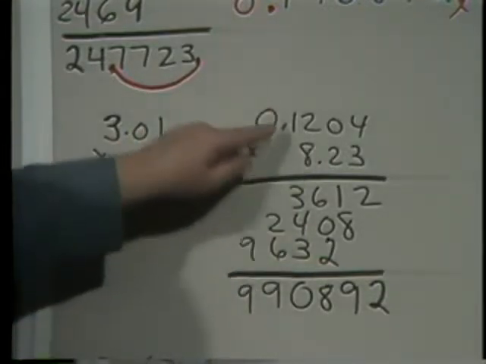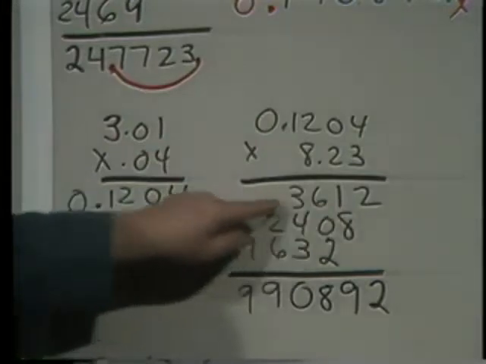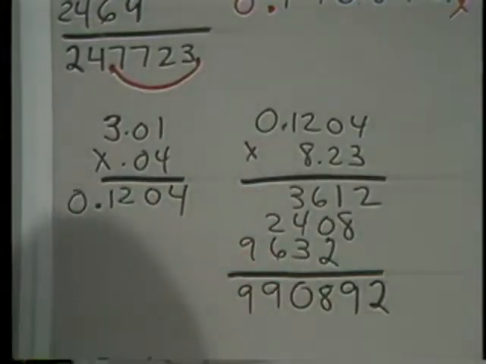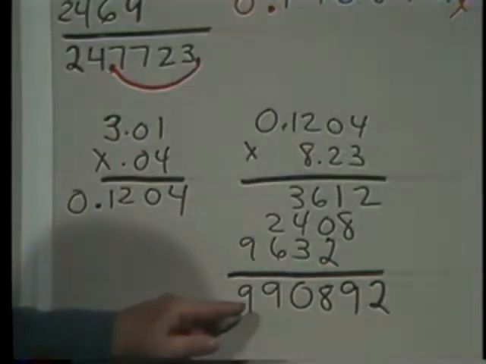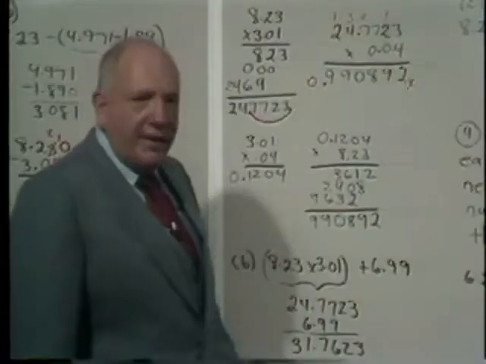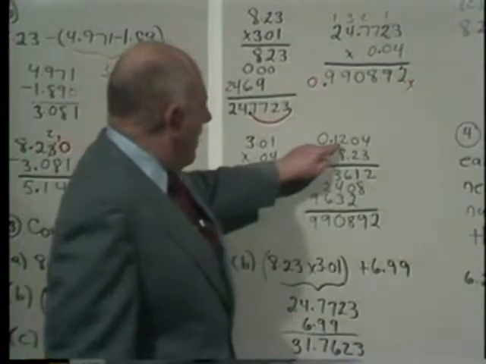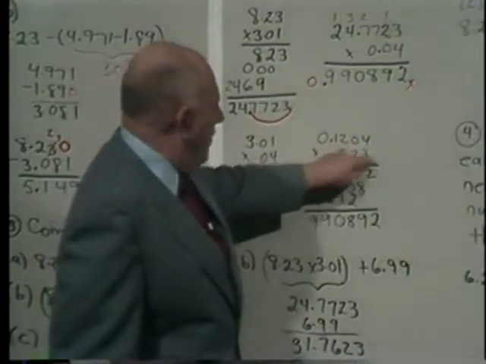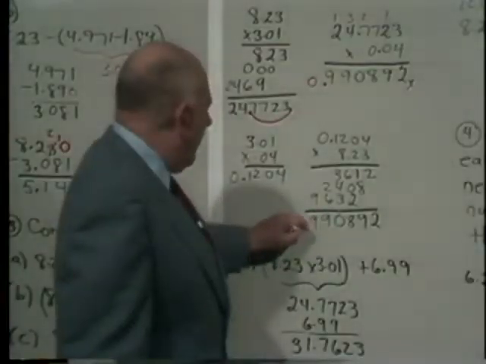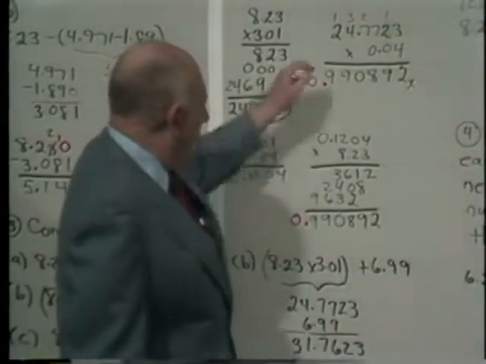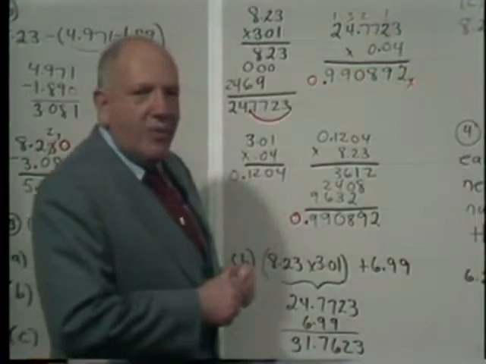I'll spare you the details, but omitting the decimal points, I multiply this the same as if it were a Module 3 problem. I get the answer 990,892. Then I count the number of decimal digits, 1, 2, 3, 4, 5, 6. I then count off 1, 2, 3, 4, 5, 6 places. And lo and behold, I have the same answer as we had before.